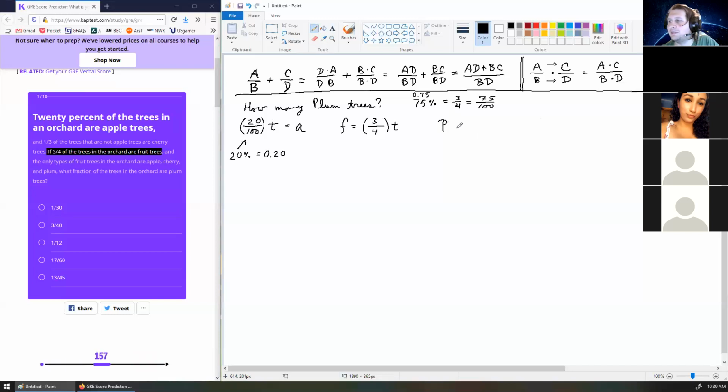We're trying to find plums. So we need to set up an equation for this, and that'll tell us what else we need to find. So plums is going to be equal to the number of trees in the orchard that are fruit trees, but not apple or cherry.